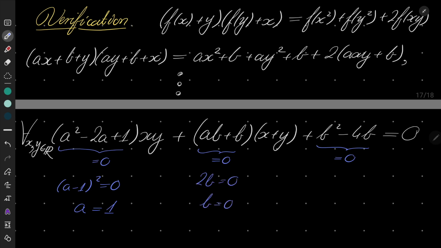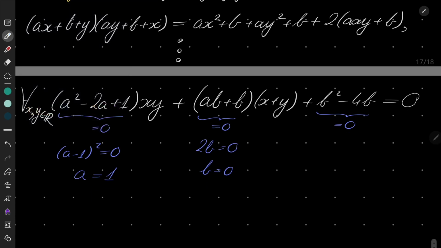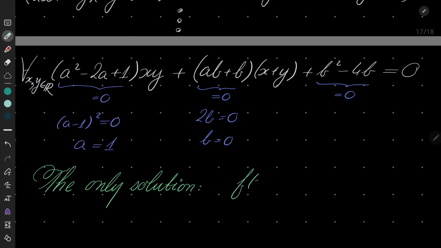And if b equals 0, we see that b^2 minus 4b is 0 as well. So in fact, we have only one solution. The only solution is f(x) equals x, the identity on the set of real numbers. It's the only possible function which satisfies our functional equation.